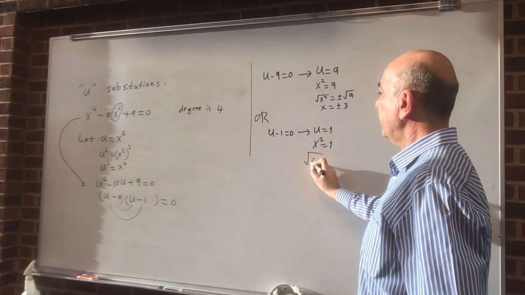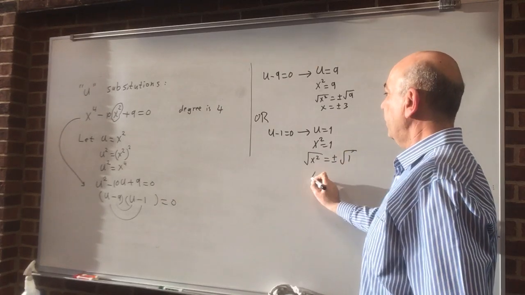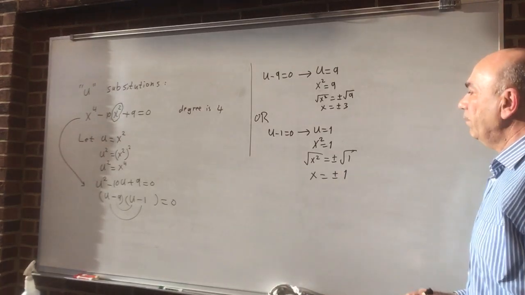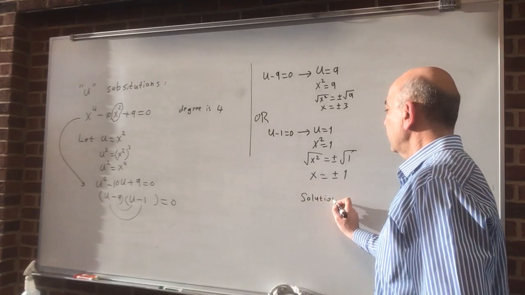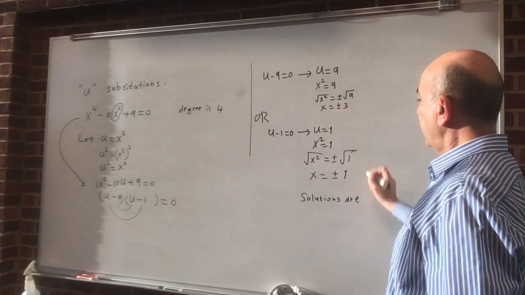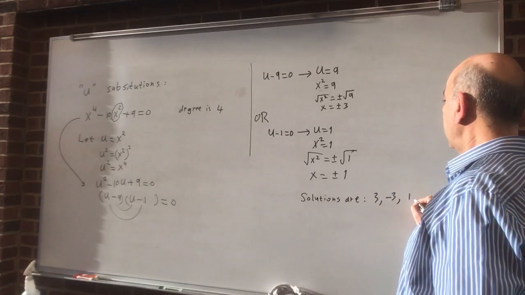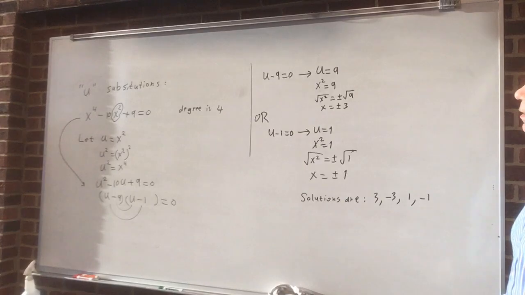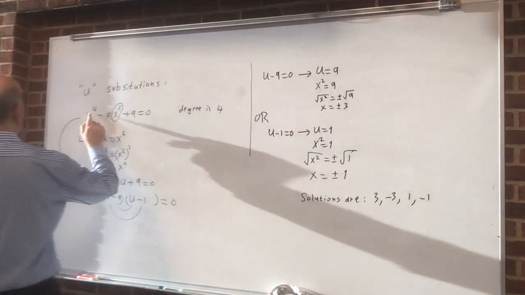Take the square root of both sides, so x equals plus or minus 1. Now we have 4 solutions: 3 or negative 3, 1 or negative 1. So we have 4 solutions. Why? Because the degree of this equation is 4.